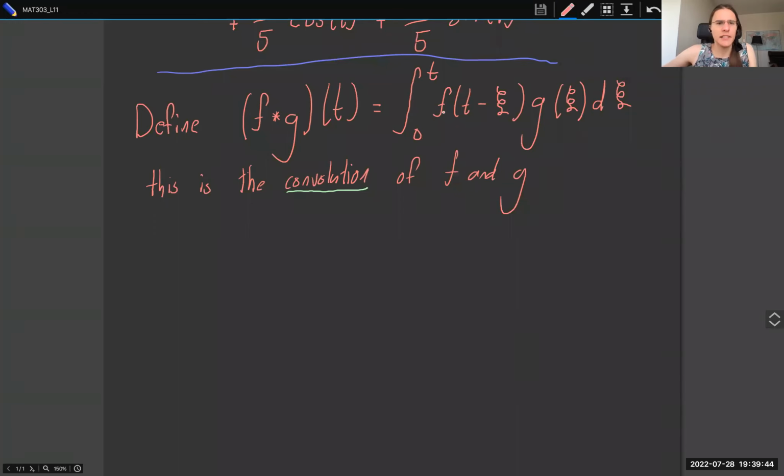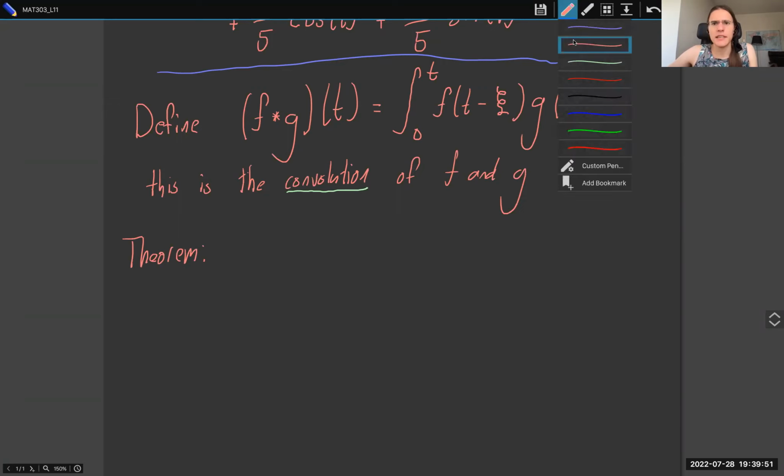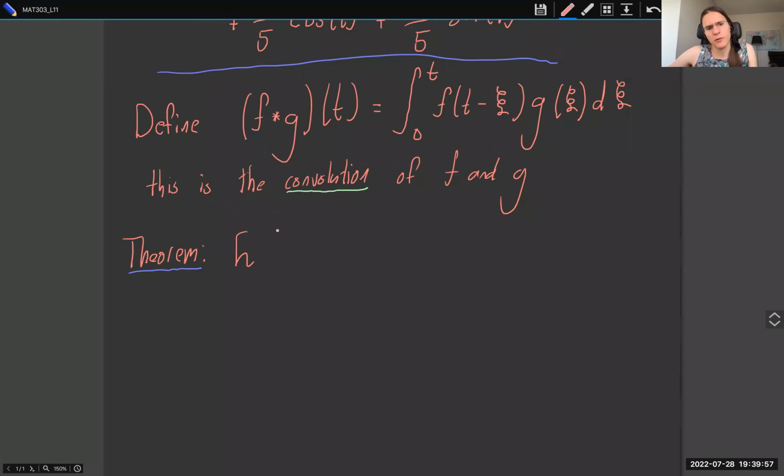And so the theorem is actually pretty cool. The Laplace transform of the convolution is the product of the Laplace transforms.